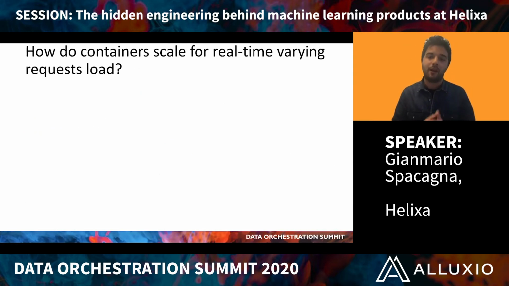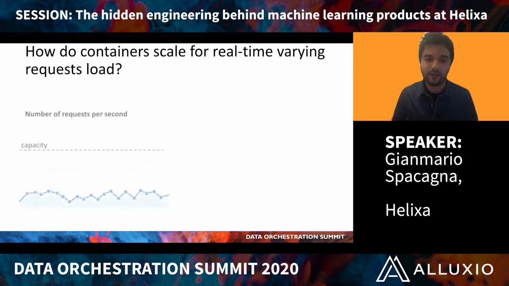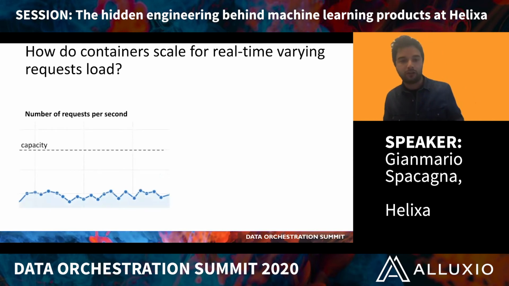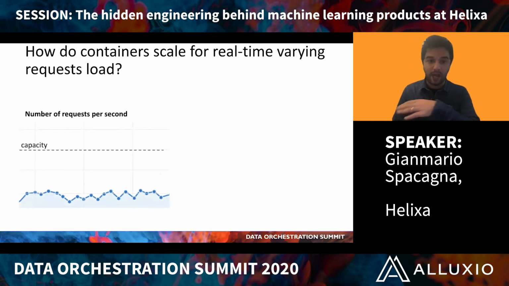All right, now the big question here is, how do containers behave when they have to deal with a changing request load in a real-time application? So let's suppose that this is the chart of how many requests per second we receive every second. We can set the capacity at like 4 times the actual demand, and that works fine for 99% of the cases.